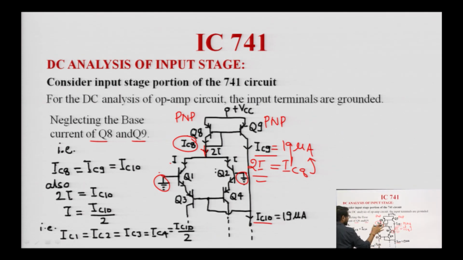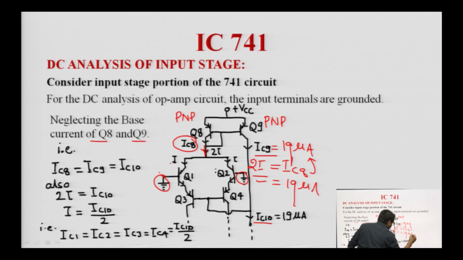Okay. We neglect the base current, so 2I equal to IC8, the collector current of transistor Q8, and it will be 19 microampere. Then we get I as 9.5 microampere.